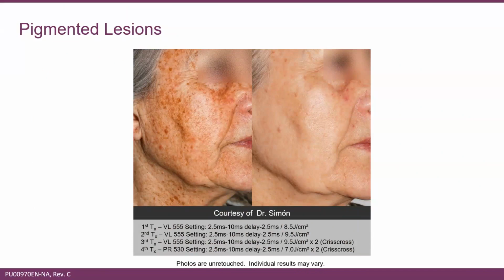Here, the first 3 sessions they were using the VL555 because the lesions were dark. And as that lesion lightened up before the 4th treatment, the operator switched to the 530 because we wanted to treat the paler, lighter pigment. You get much more effect on that paler, lighter pigment with the 530 than you do with the 555.